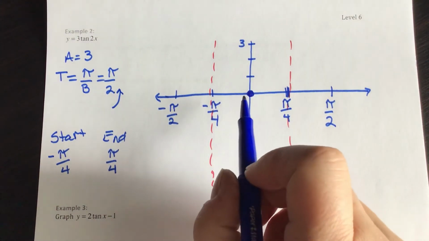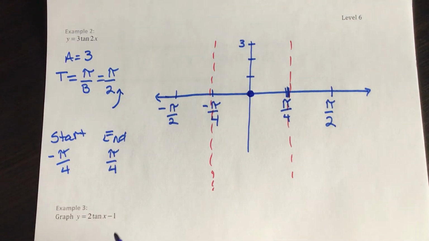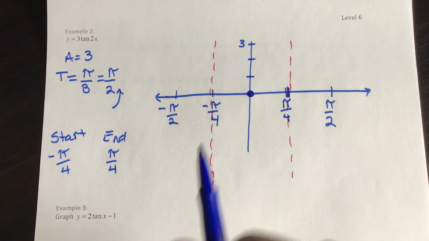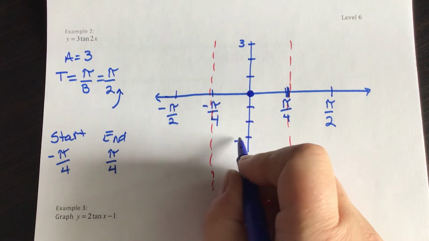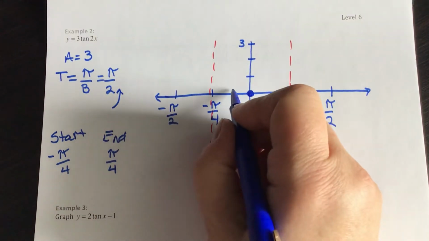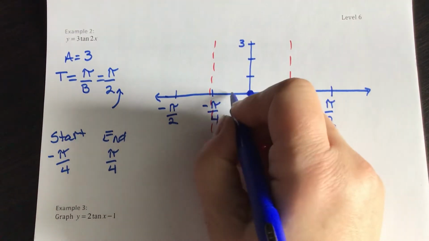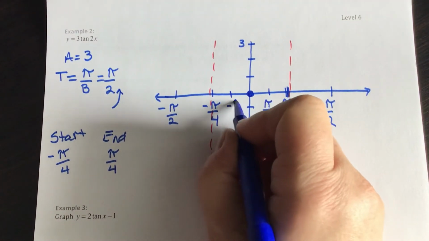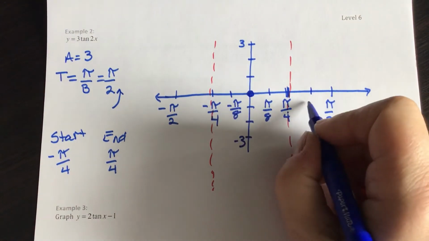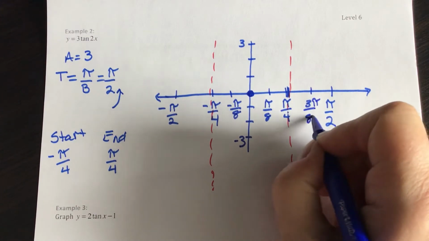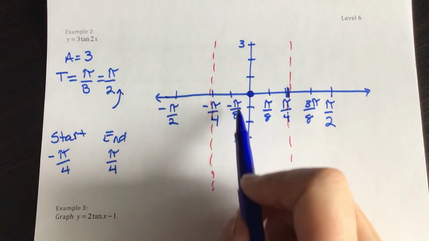And I've noticed in homework we're not labeling our axes very well, and this is going to take some practice. So you have to label your x and y axes to get full credit on a test. All right, so halfway between 0 and pi over 4 is pi over 8, and this would be negative pi over 8, 2 pi over 8, here's 3 pi over 8, and I'm really only concerned with in between the two asymptotes.